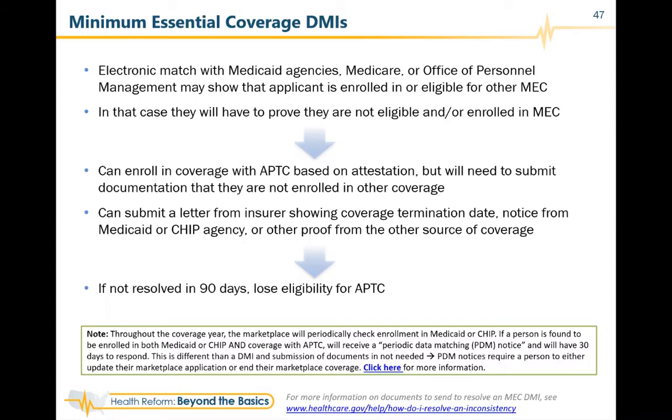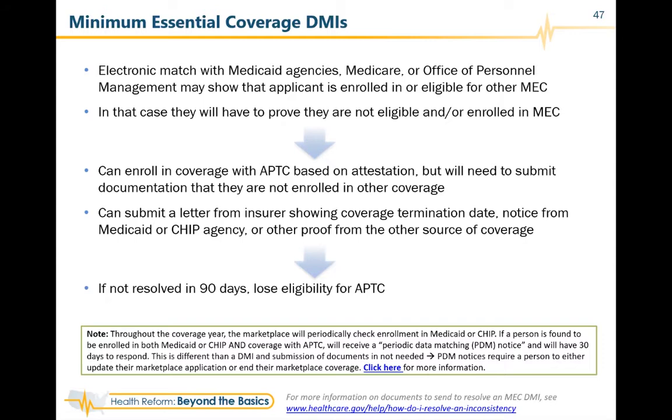In general, you're going to need some kind of letter, notice, or other proof from the source of coverage that you're not enrolled in. So maybe a Medicaid termination notice or something. It can be difficult sometimes for people to generate information that they're not in a program.